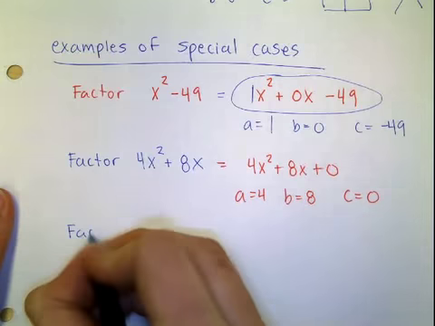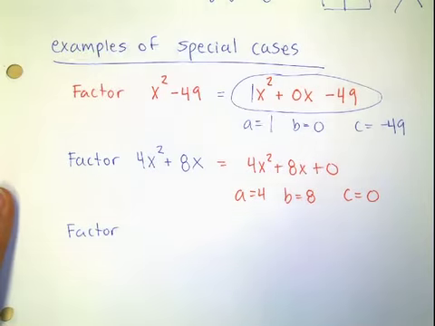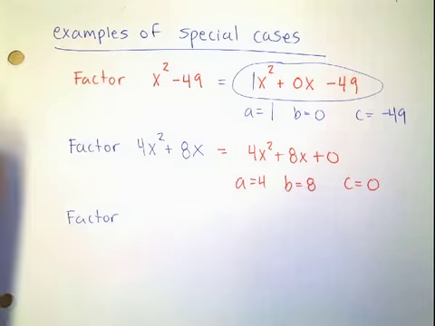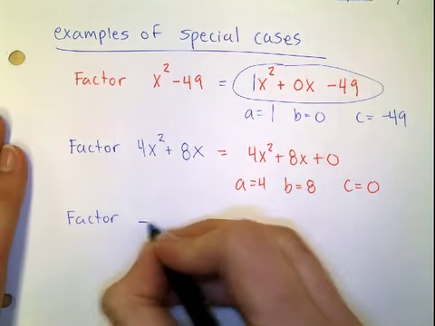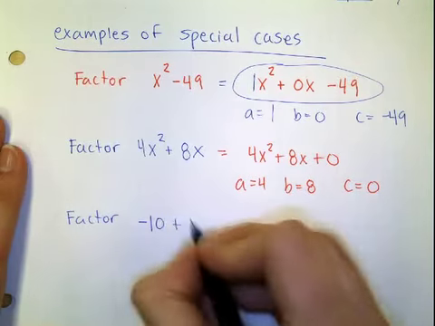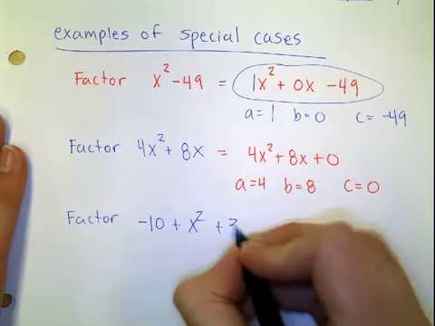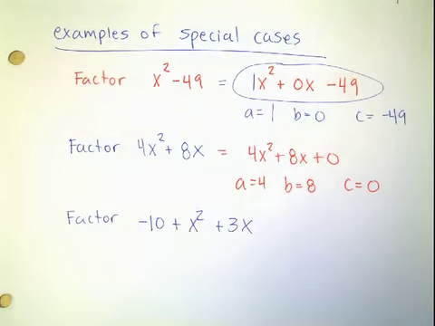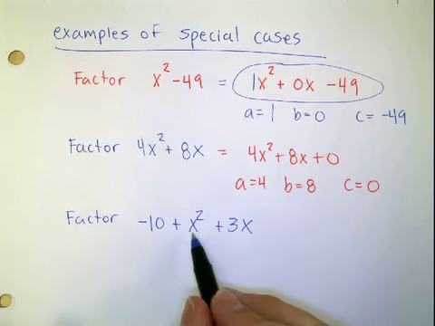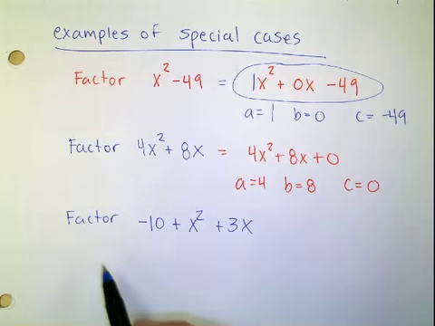Another special case, how about this? Factor negative 10 plus x squared plus 3x. What's special about this one is it has all three parts. It has the ABCs. It's just out of order. Remember, usually the x squared goes first, then the x, and then the number.